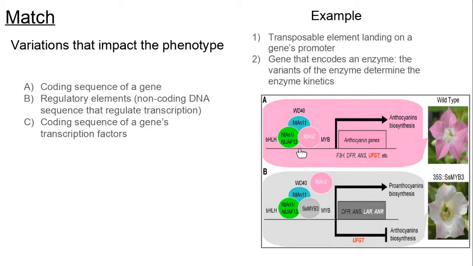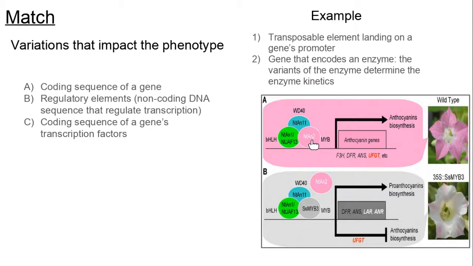Now, if this DNA sequence is changed, if this promoter is changed, then these proteins may not bind as efficiently. Or there is also the opposite effect: if you change this DNA sequence, maybe some protein that wouldn't bind very tightly now does.